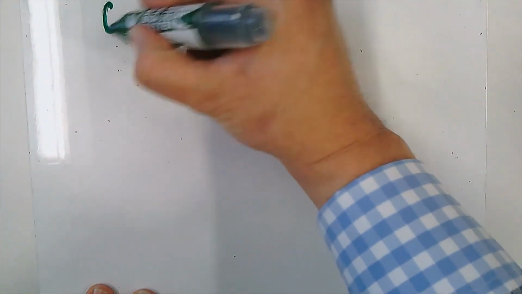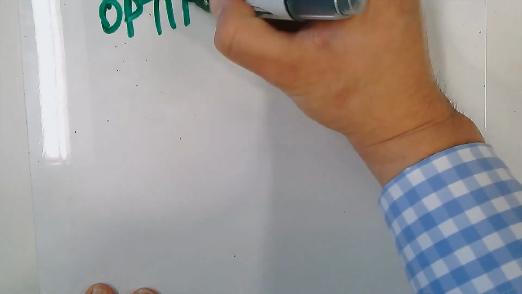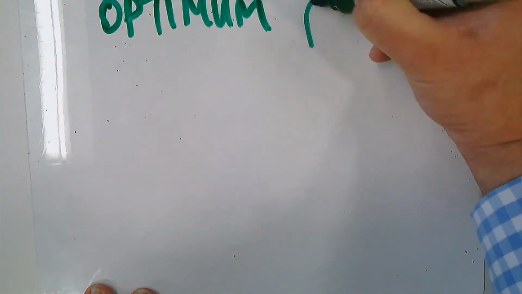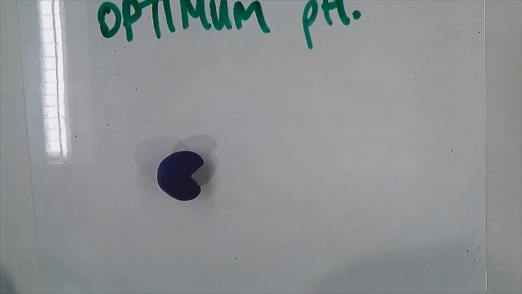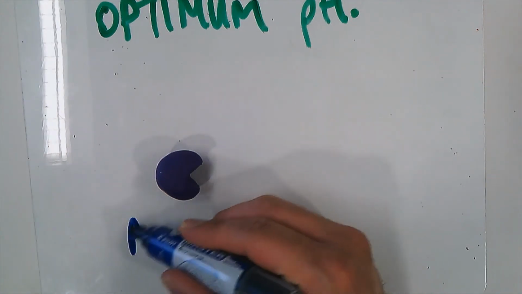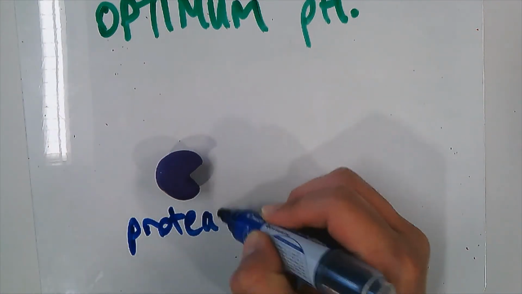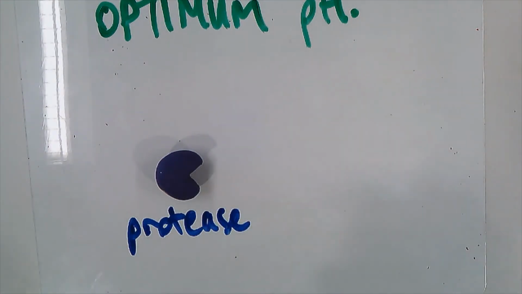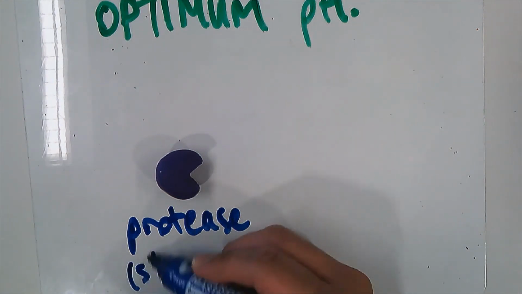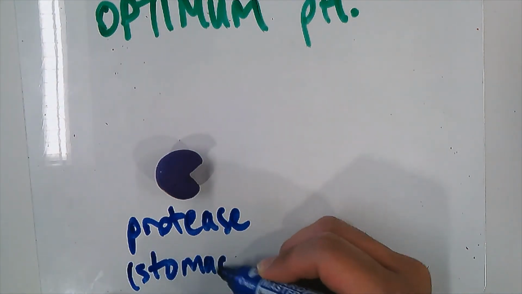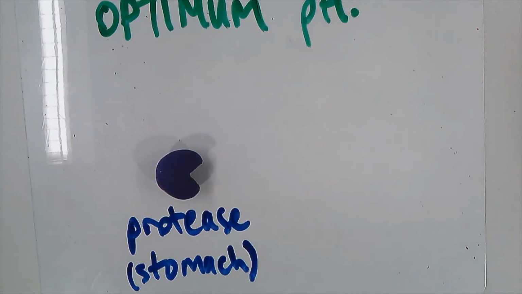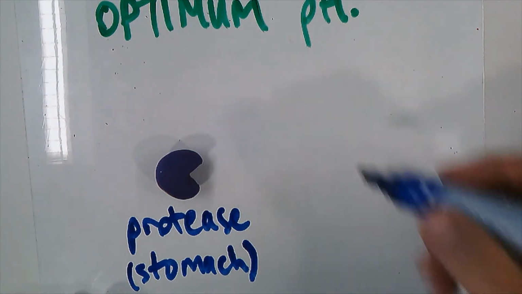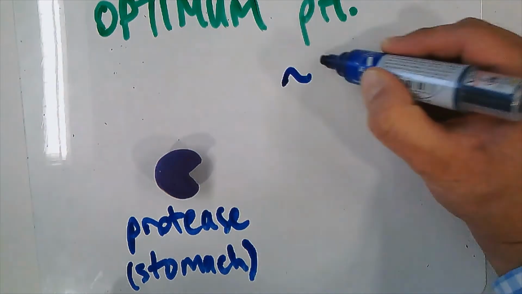Every enzyme also has its own optimum pH. If, for example, this enzyme is what we call protease, and it works in the stomach, its optimum pH is going to be quite low, of around 2.